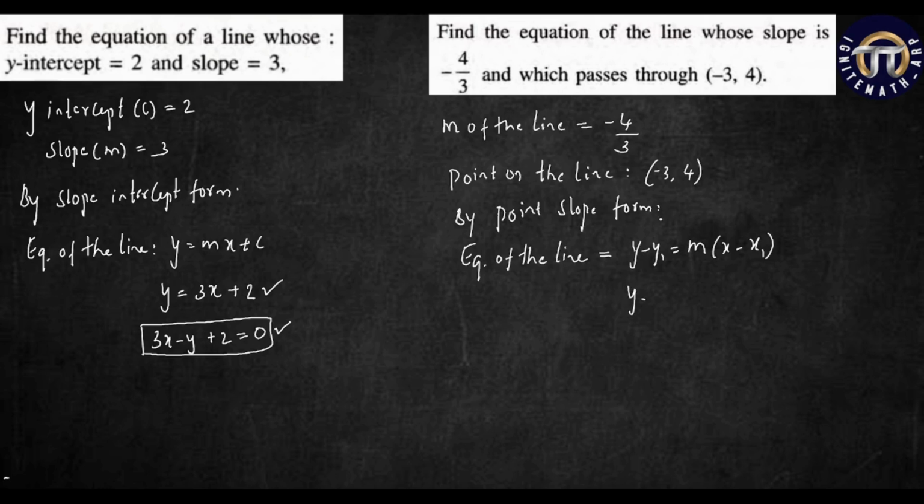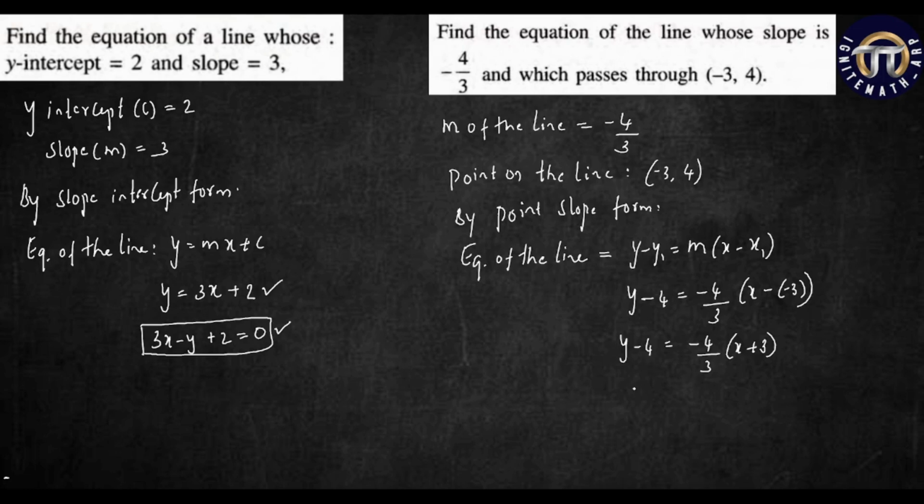So y minus y1, I know only one point in fact. So y minus 4 is equal to m, which is minus 4 by 3, times x minus x1, that is minus of minus 3. So y minus 4 is equal to minus 4 by 3 into x plus 3.